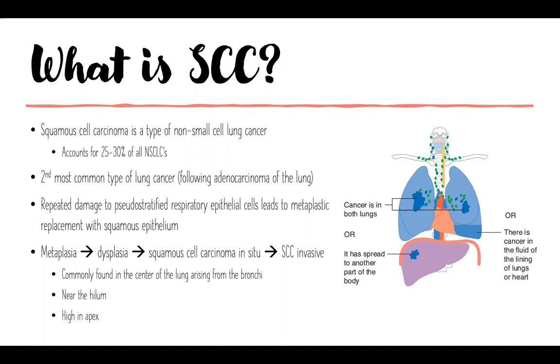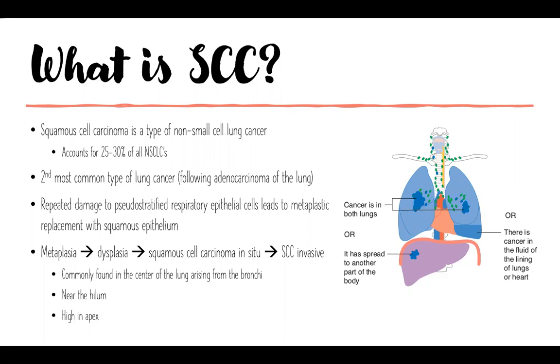If you can imagine what an egg yolk looks like in a little pan, now they're sitting like these little egg yolk squamous cells and stacking up on top of one another, going from metaplasia to dysplasia to squamous cell carcinoma in situ, and then eventually into invasive squamous cell carcinoma.